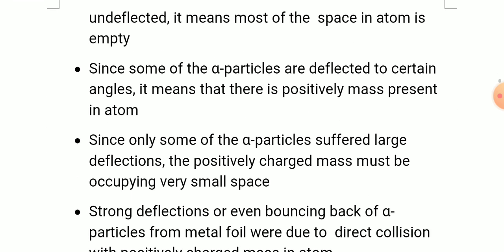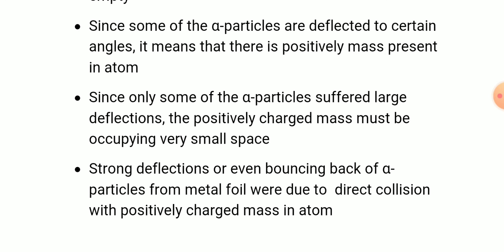Since some alpha particles are deflected through certain angles, it means there is a positively charged mass present at the center of an atom, which is called the nucleus.